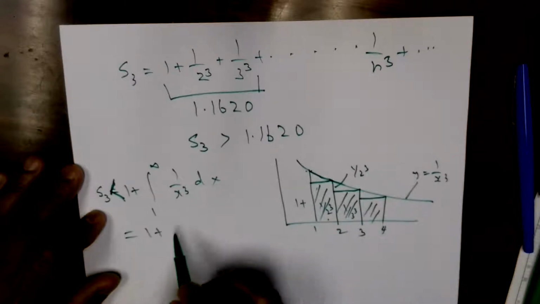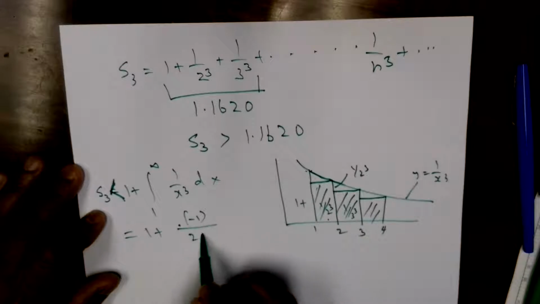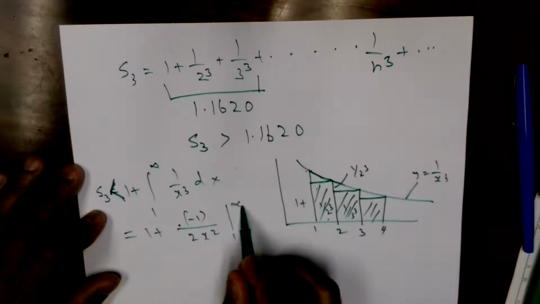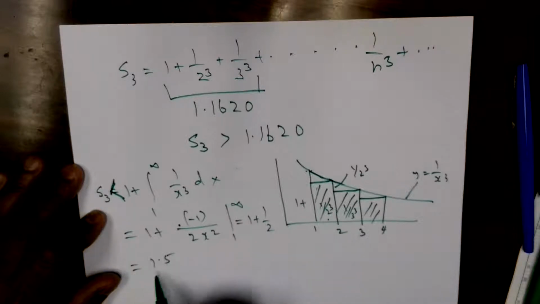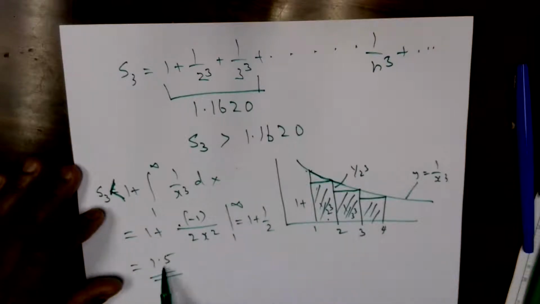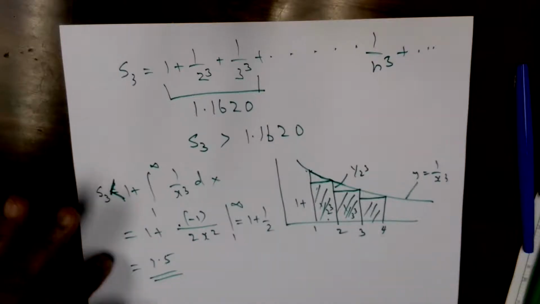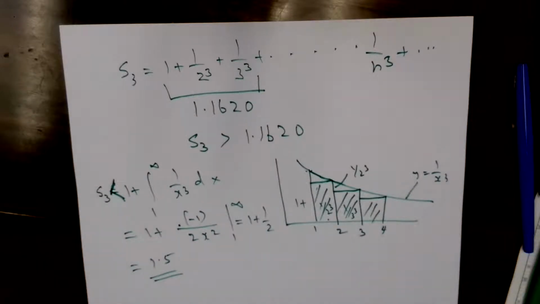So that's 1 plus minus 1 over 2x squared from 1 to infinity, which is 1 plus half, equal to 1.5. So we know, as a sloppy result, that S3 converges, and of course it is less than 1.5.